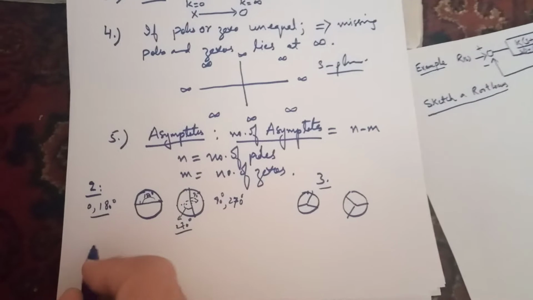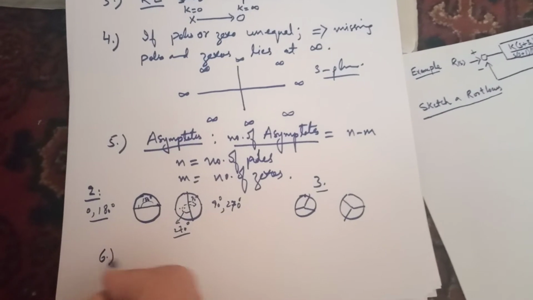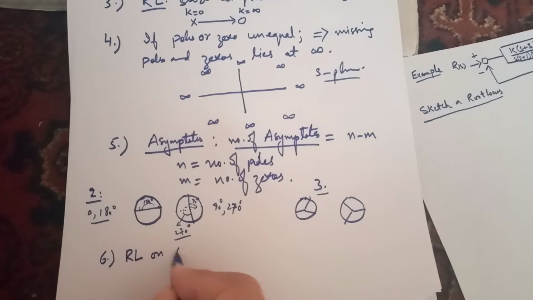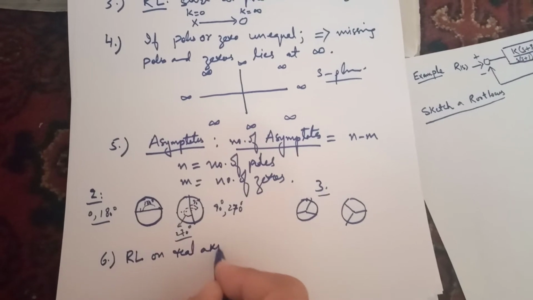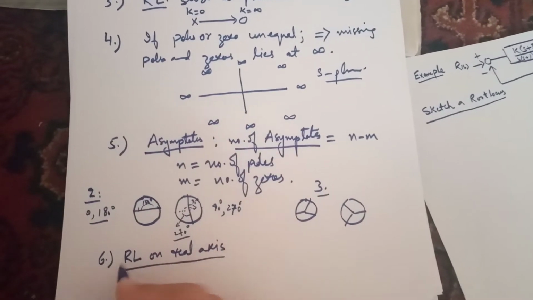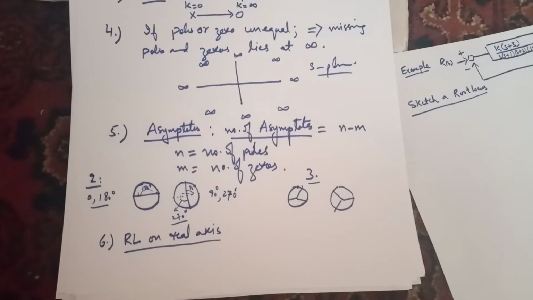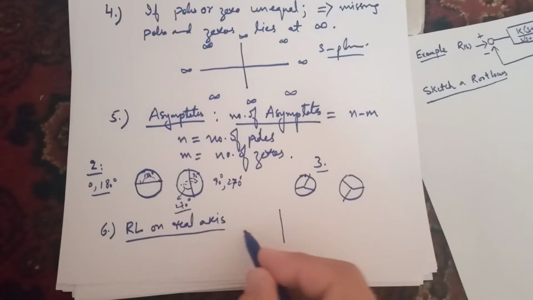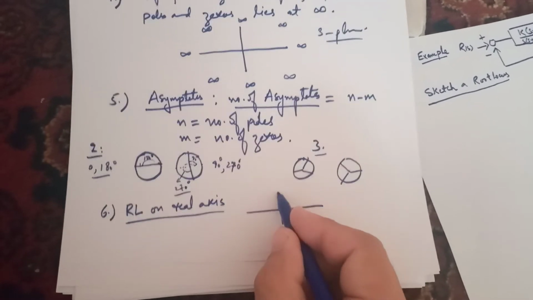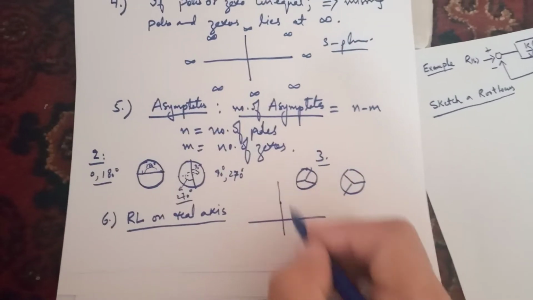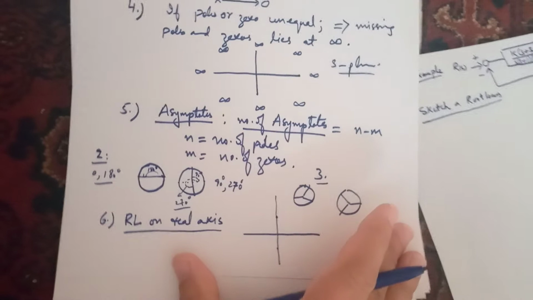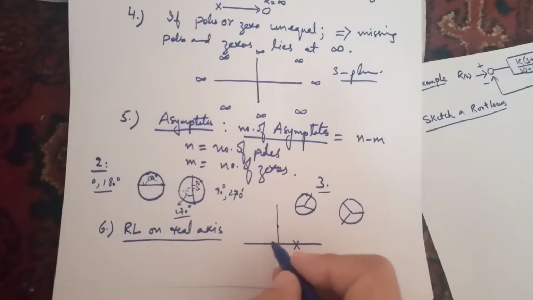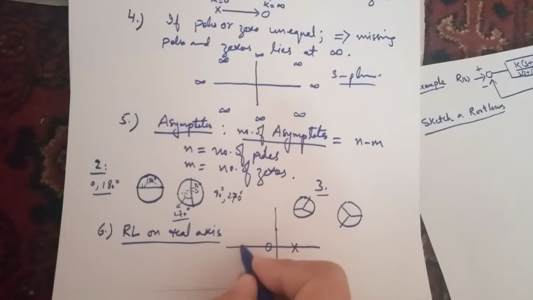doing calculation. There's another point, that is root locus on the real axis. This you must know, this is very important. On the real axis the main idea is that if you plot your poles and zeros, for example, you have a pole here, a zero here, and a pole here.